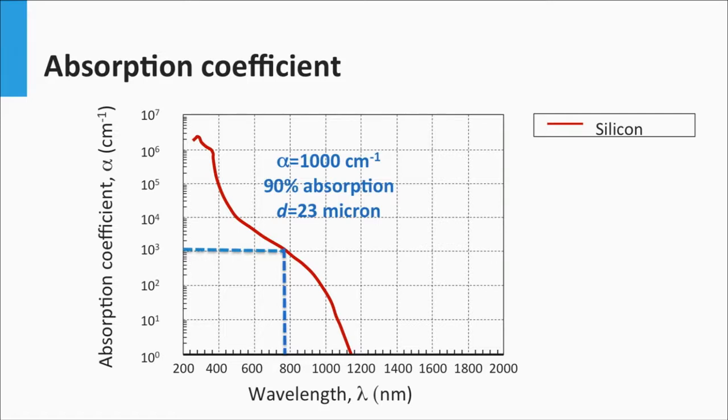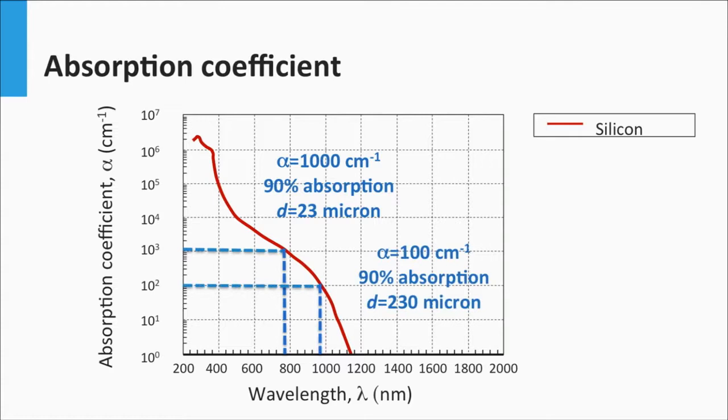Crystalline silicon has an absorption coefficient of 1000 per centimeter. You can simply calculate using Lambert's law that to realize an absorption of 90% of the light intensity at 800 nanometer, it requires an absorption path length of 23 microns.